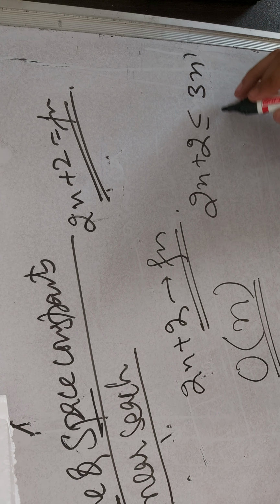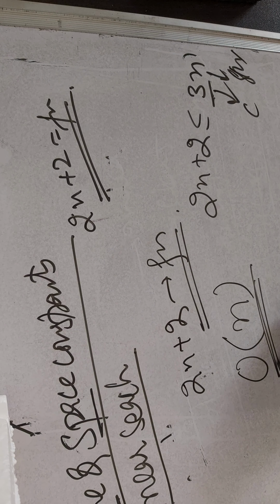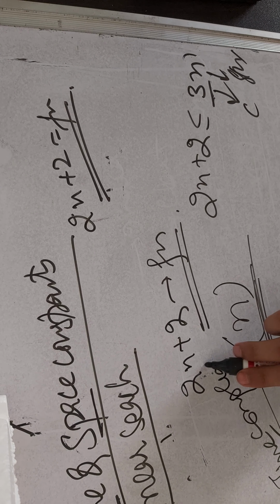So that is 3n. So we have 3 as c and n as g of n. It can be represented in the form of big O of n. And this is what the time complexity is.